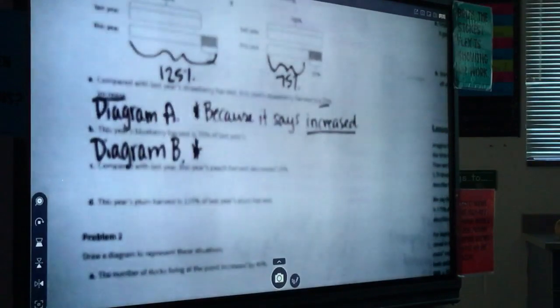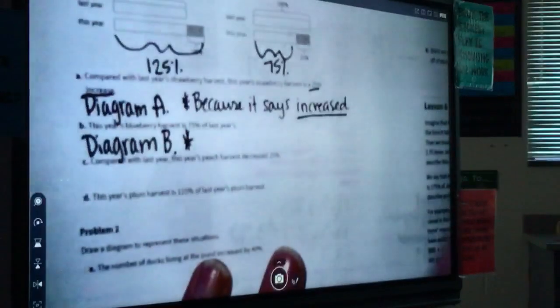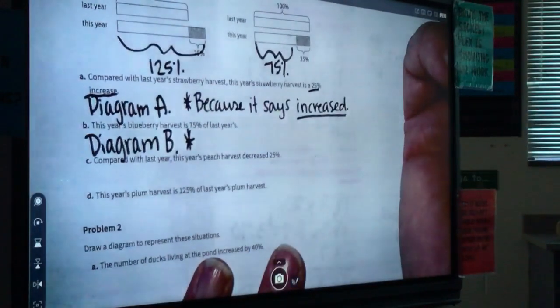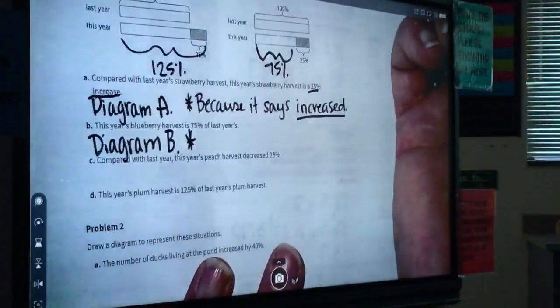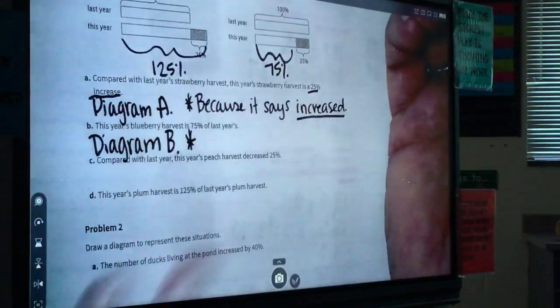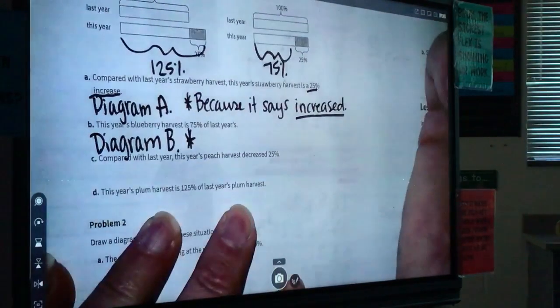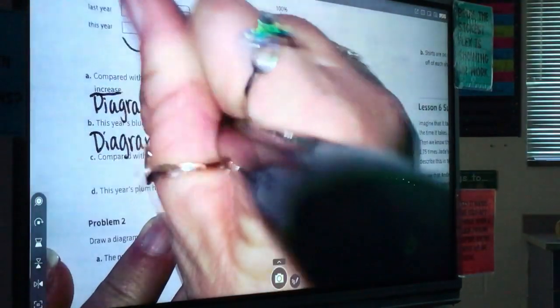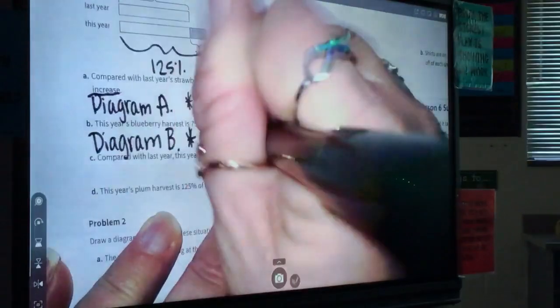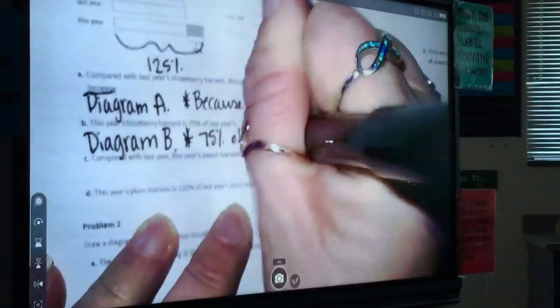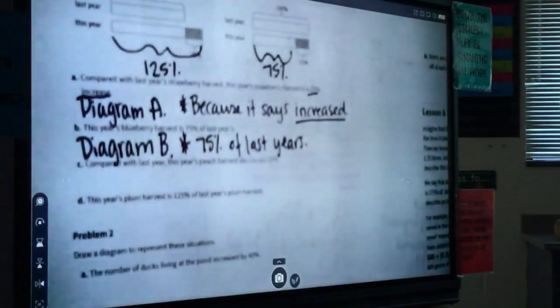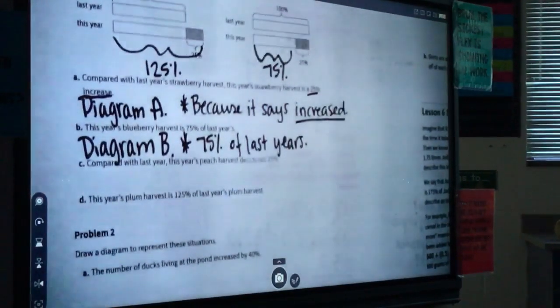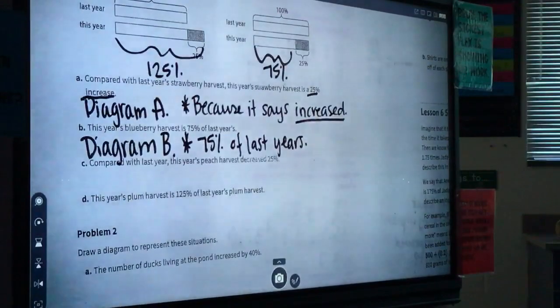Ian: The reason why diagram B goes to this one is because it's 75 of last year, and 75 is 25 subtracted from 100. Yep. All right, have a seat.